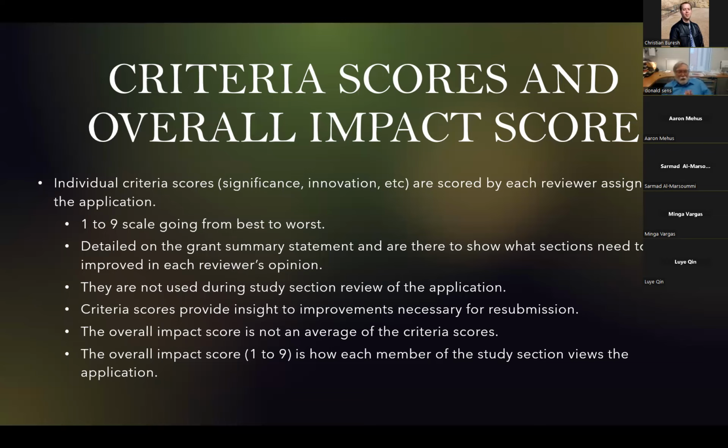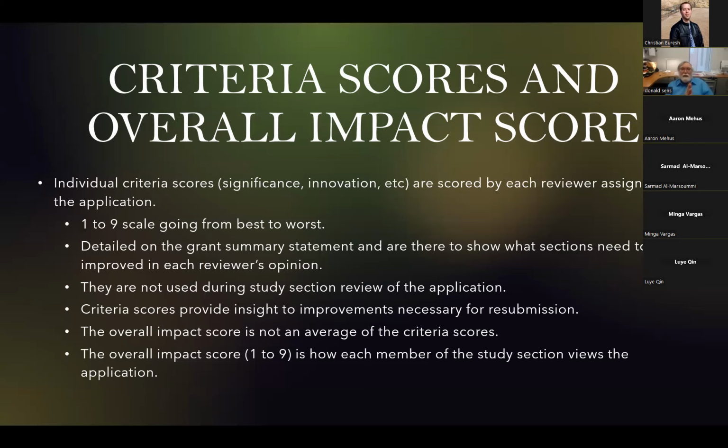Then you're given an overall impact score, which is just what these reviewers think the impact of your study is. It's also a 1 to 9 scale, and it's totally separate from those criteria scores, but this is what is going to drive the fundability of your grant.